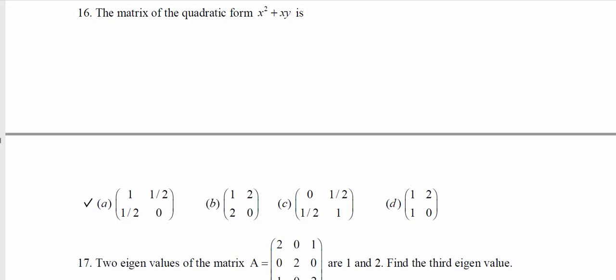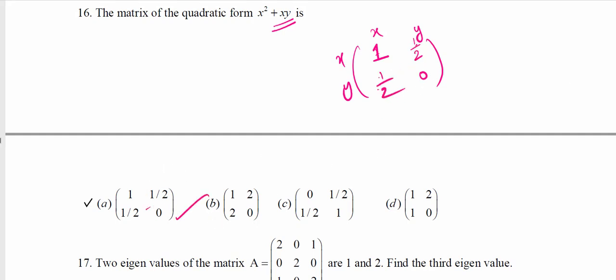Here they are using only two variables, x, y. The x square position is 1. There is no y square here, so 0. The coefficient of xy is shared between these two places, so half, half. So the matrix is 1, half, half, 0. This is our answer.